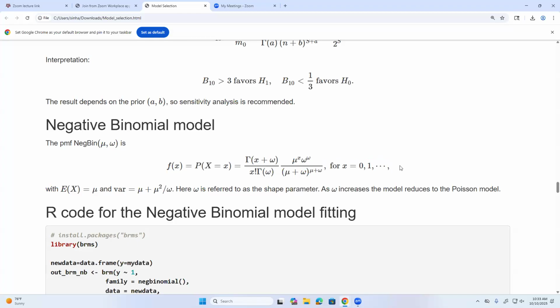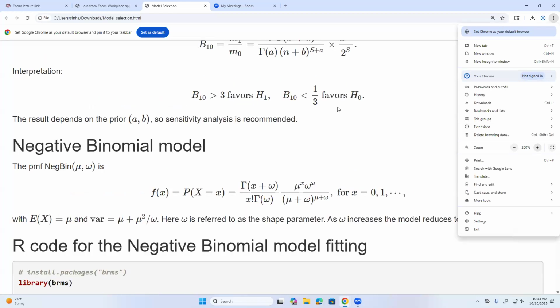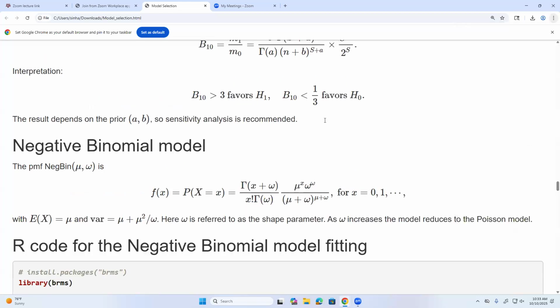You may see different papers or online documents using different forms of the negative binomial probability mass function. It can be presented through different parameterizations. But this one is commonly used in the regression context and in the generalized linear model context. In the generalized linear model, what happens?